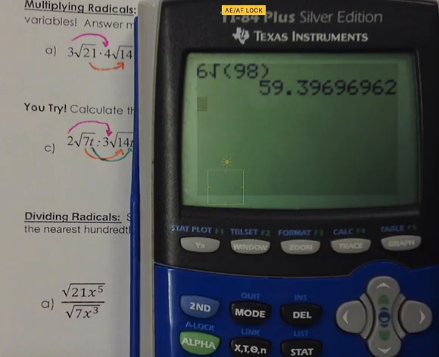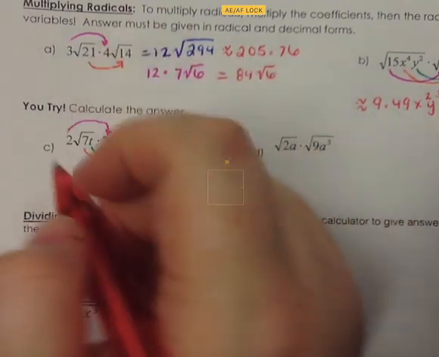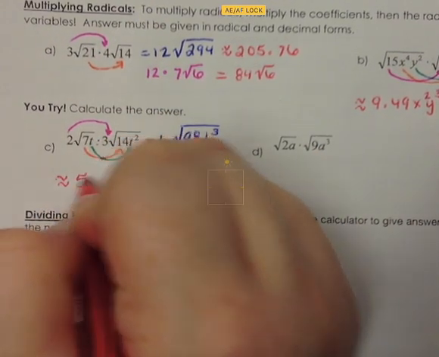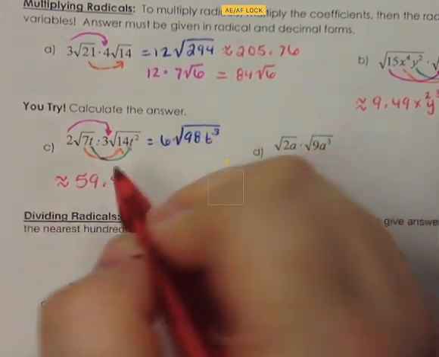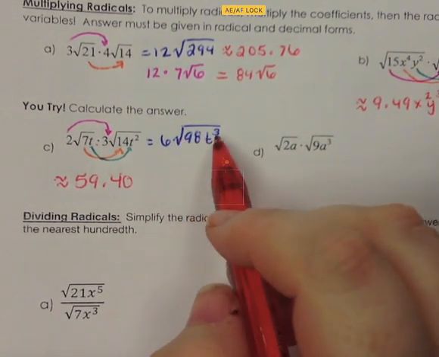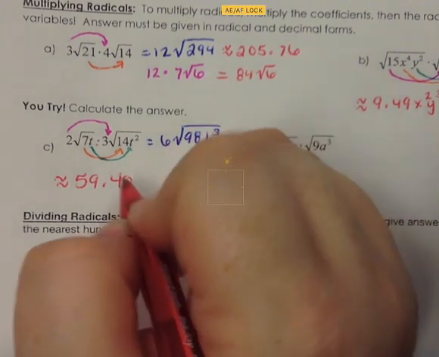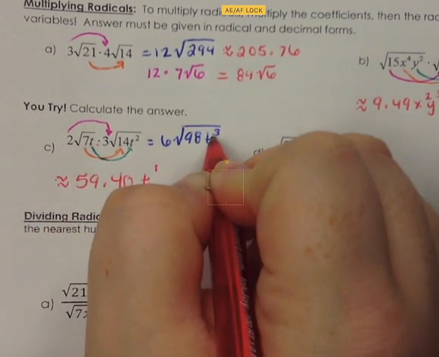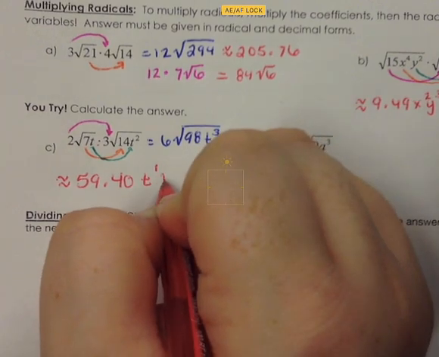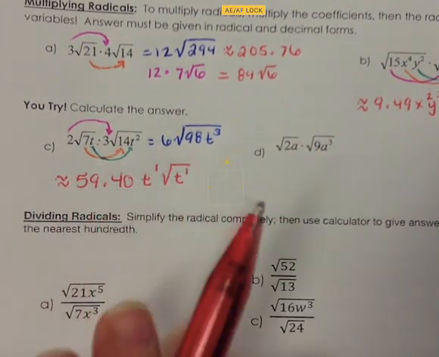So 59 and 40 hundredths or 59 and 4 tenths. And then we have to worry about the square root of t cubed. So 2 goes into 3 one time. So we have t to the 1st with 1 left over. So we still have the square root of t to the 1st. And that's our decimal value.